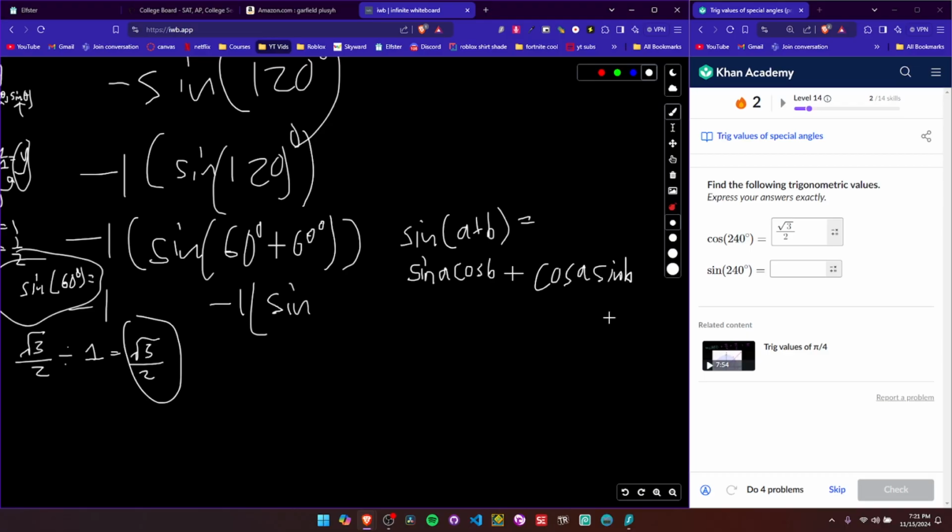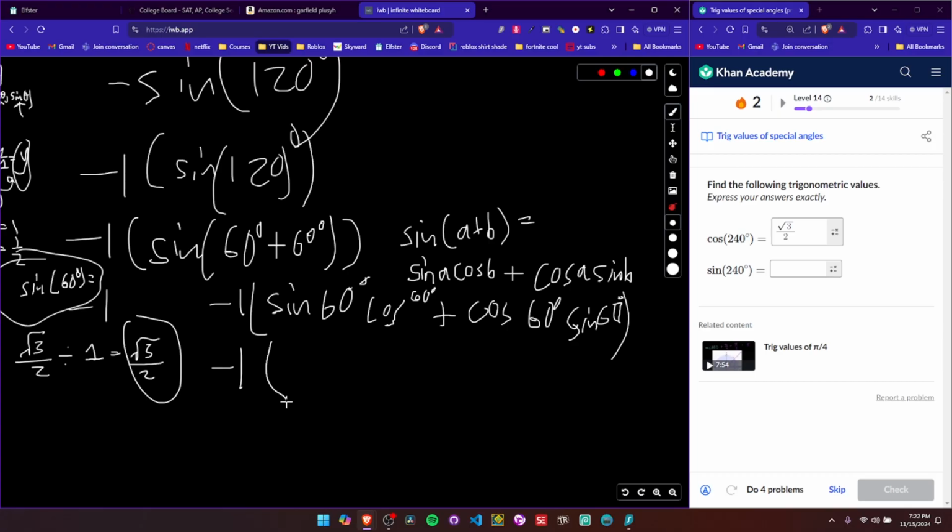So if we plug this in, a is 60, b is 60: sine of 60 degrees times cosine of 60 degrees plus cosine of 60 degrees times sine of 60 degrees, all times -1, by the way.